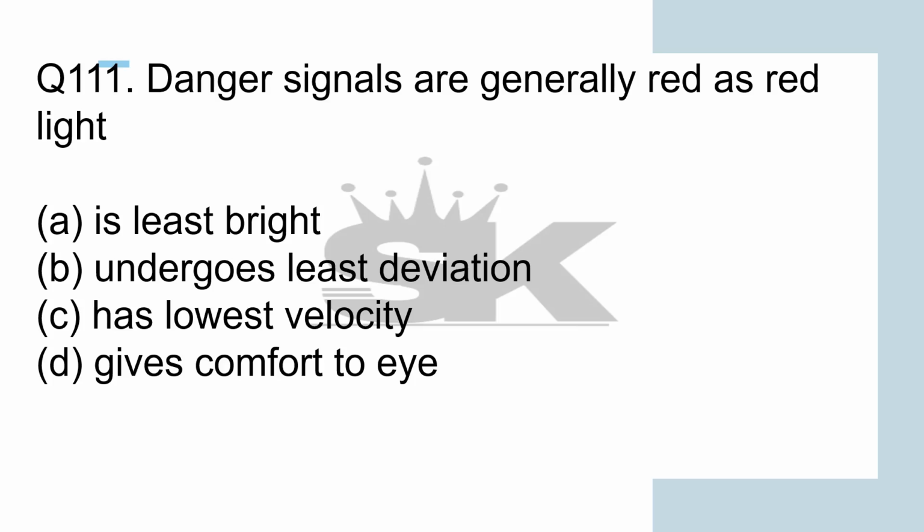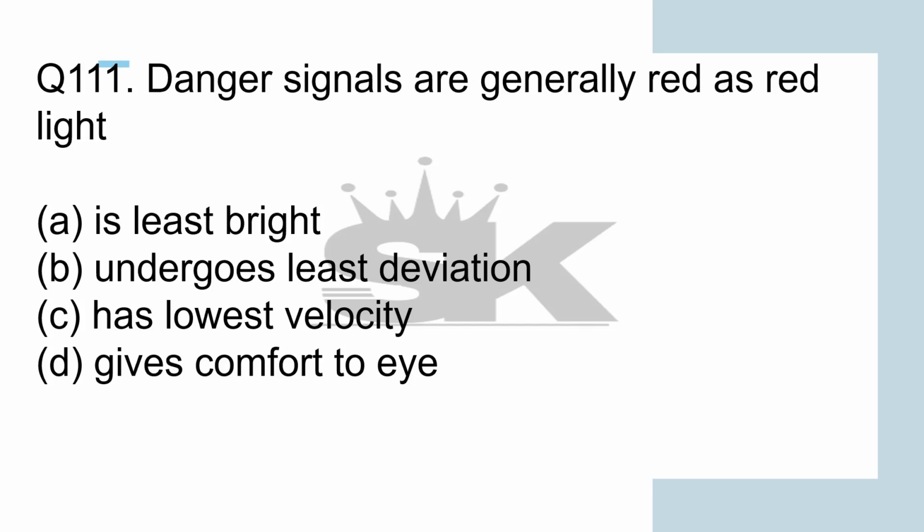Danger signals are generally read as red light because... the answer is it undergoes least deviation. When the light passes through the atmosphere, it gets scattered by small air particles. It's a well-known thing, right? The scattering of light is inversely proportional to the fourth power of its wavelength.